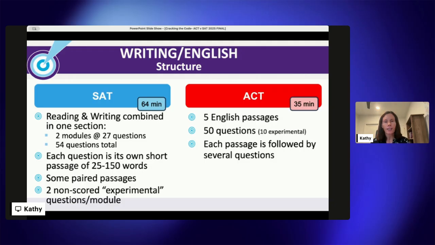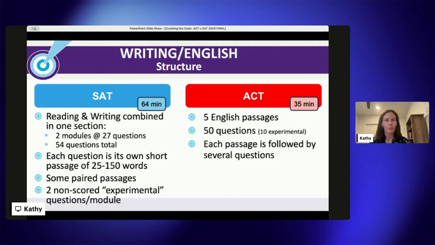The writing test on the ACT is called English. And it is actually going to be your very first subtest. So when you open up your booklet or go onto your digital platform, the first ACT section that you're going to see is the English test. It is also writing. And by the way, just to reiterate, for all of these questions, writing and English, there is no actual writing.